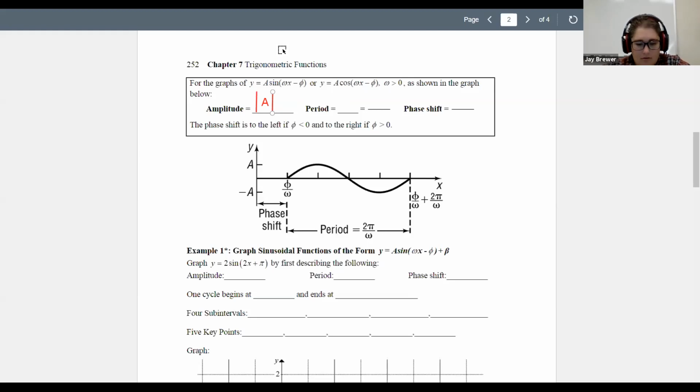Period is T, and then it's equal to 2 pi divided by omega.